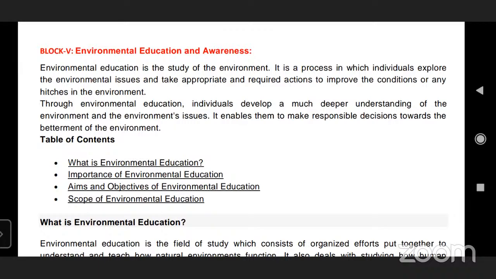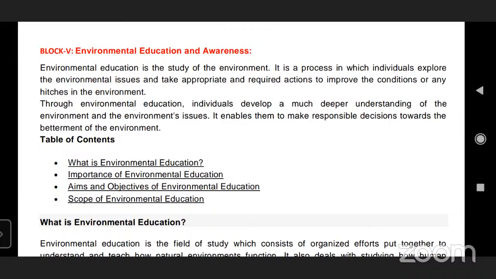So as we know, environmental education is a study or a process of learning about the environment. In this process, each and every individual explores the environmental issues, and it is their role to take appropriate and required actions to improve the conditions or any hitches in the environment.